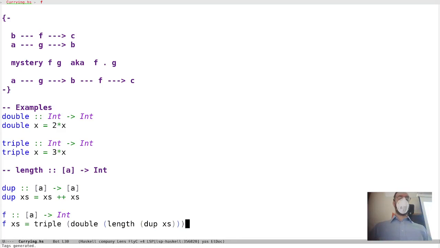It's not a very useful function, right? But basically it takes a list, duplicates it, so it concatenates it with itself, then finds the length, and then doubles that, and then triples that.